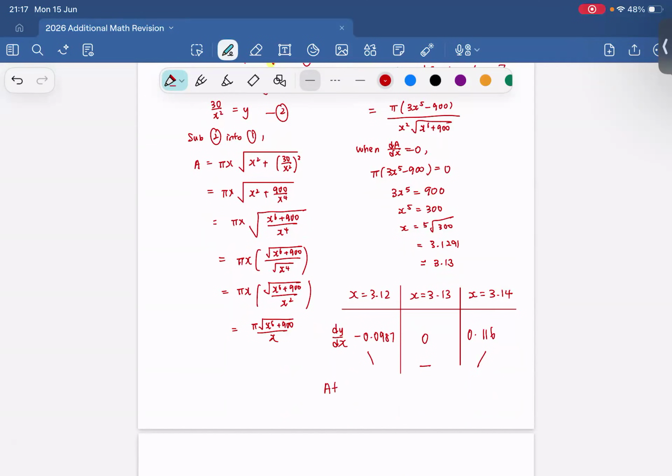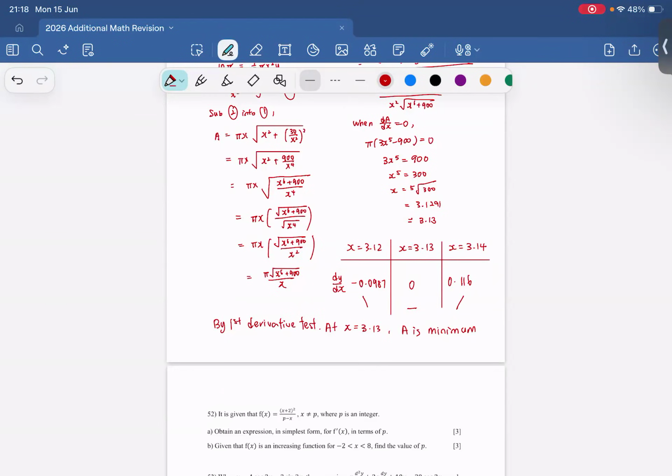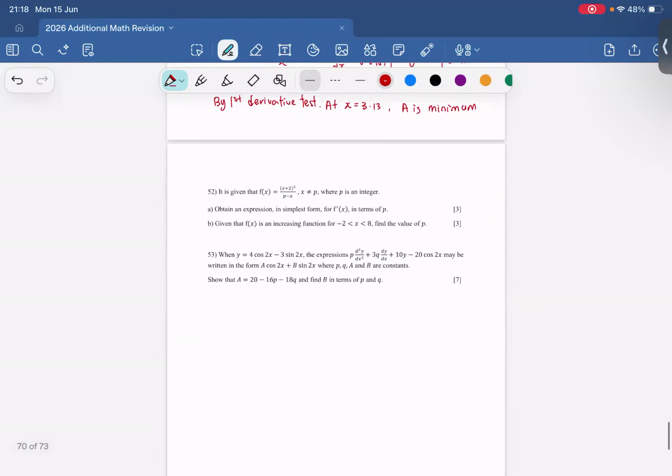So at x equal to 3.13, A is, sorry, better write by first derivative test, at this one, A is minimum. Okay, 52.